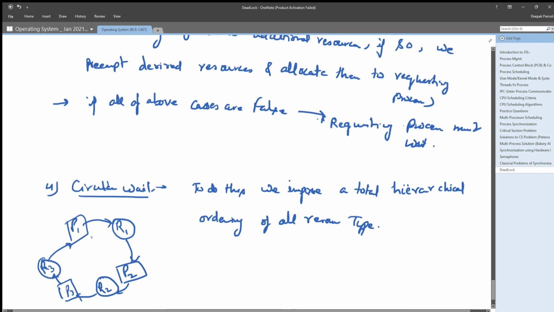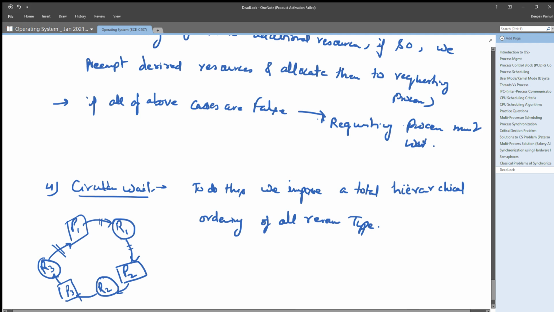So if we break this loop by using some hierarchical ordering of resource types, then only we can prevent circular wait. So for preventing circular wait, we must break it from anywhere in the loop, right?